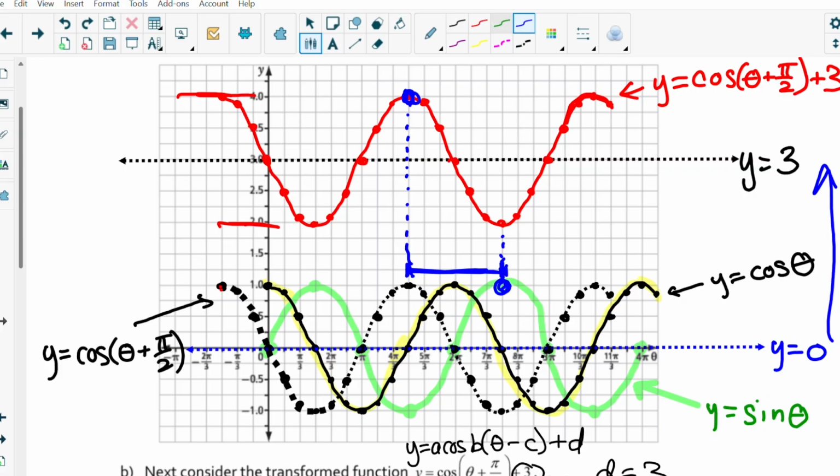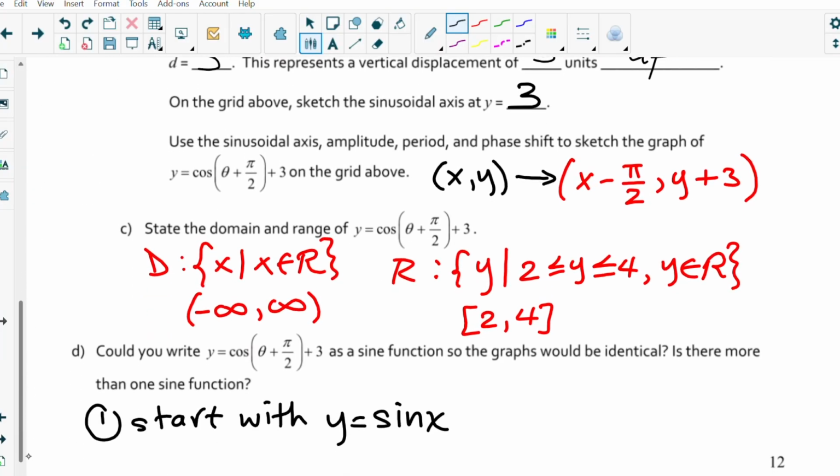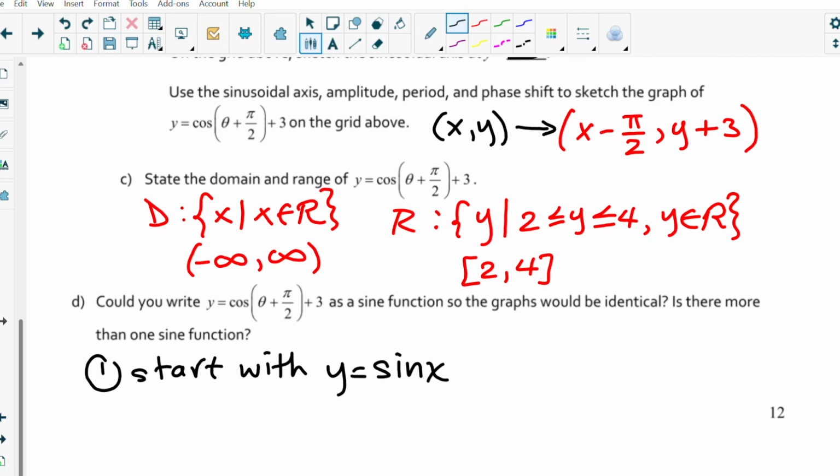What is that phase shift? So that's starting here. 1, 2, 3, 4, 5, 6. So that's 6 units. That's 6 units of pi over 6. Okay, so that's pi units to the left.